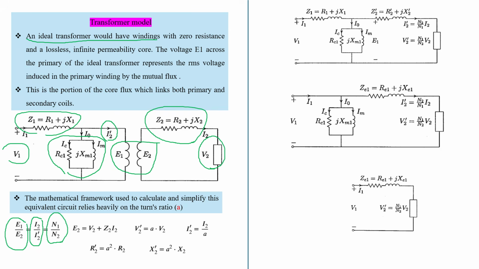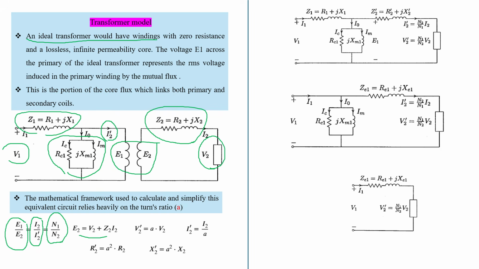For example, if we see E2 is equal to V2 plus Z2 I2. This E2 is the magnitude of a voltage, some of which will be dissipated on the winding component, and then some amount of voltage will be supplied to the load. So we have this relation for E2: E2 is equal to I2 times Z2 plus V2.